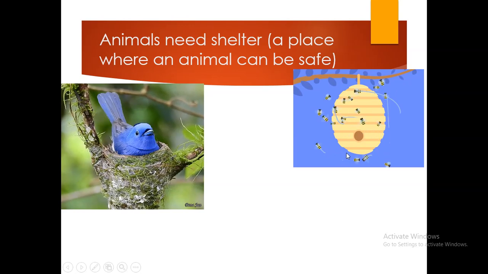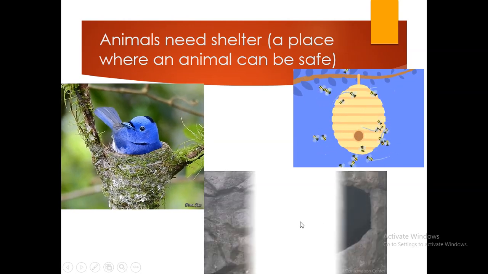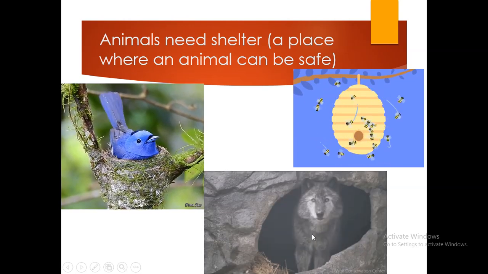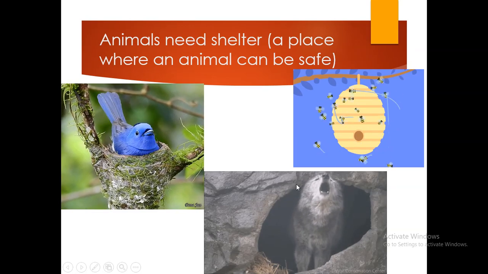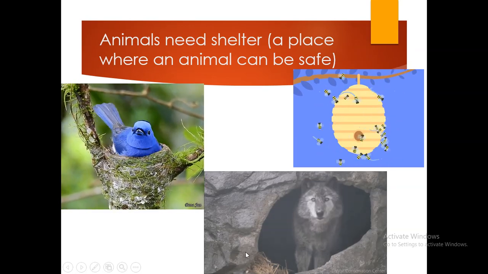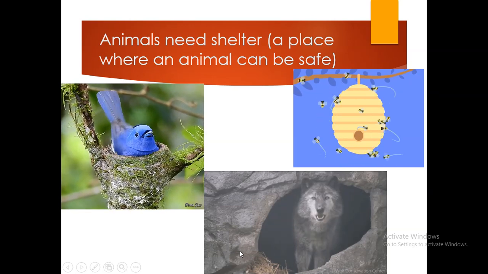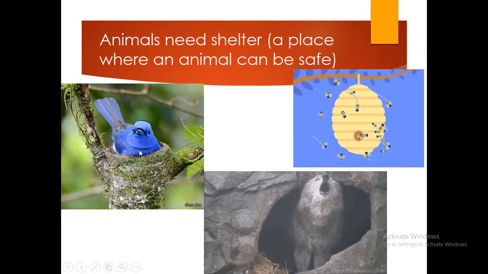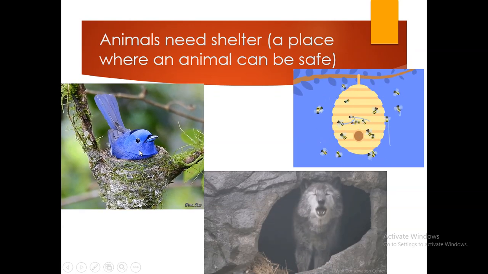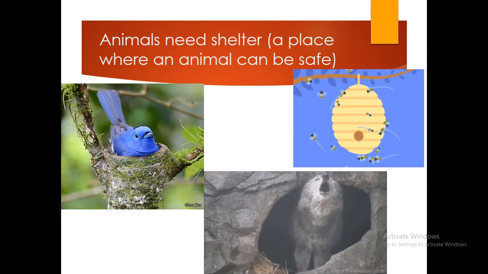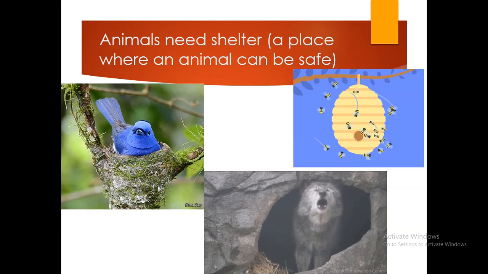So a hive is a shelter for bees. This wolf lives in a cave. This cave is his shelter. So, animals, beside water, food, and air, they also need shelter.